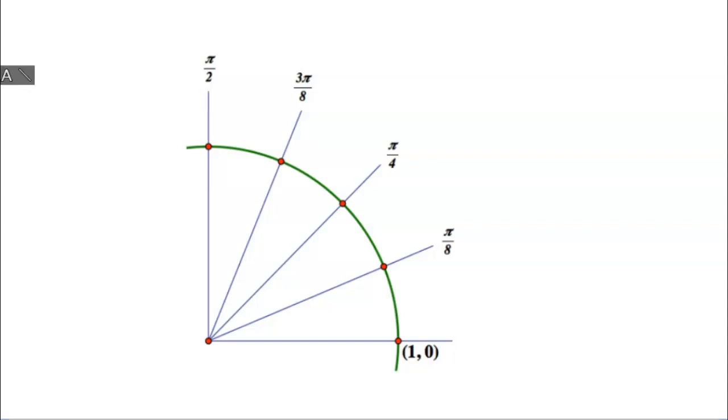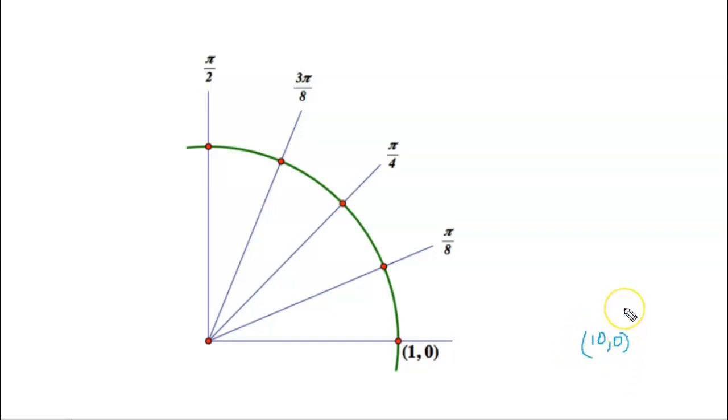So if you recall in our last task, we already figured out what these points would be at pi/8, pi/4, 3 pi/8, and pi/2 radians for a circle with a radius of 10 feet.